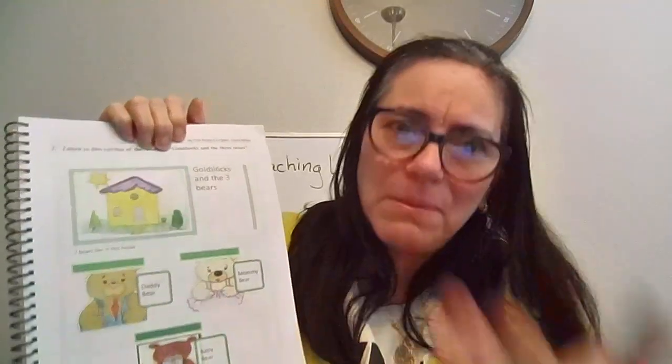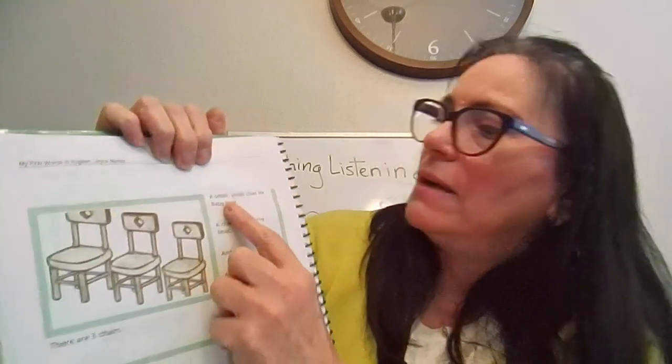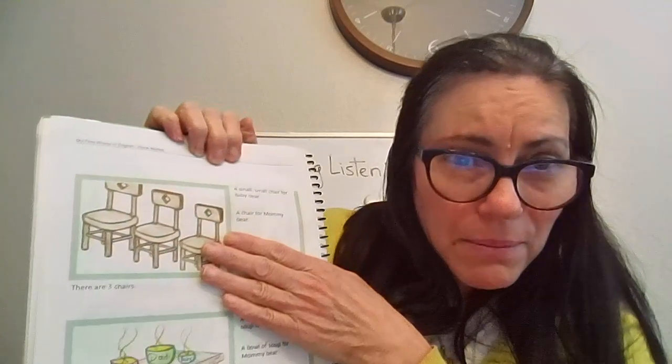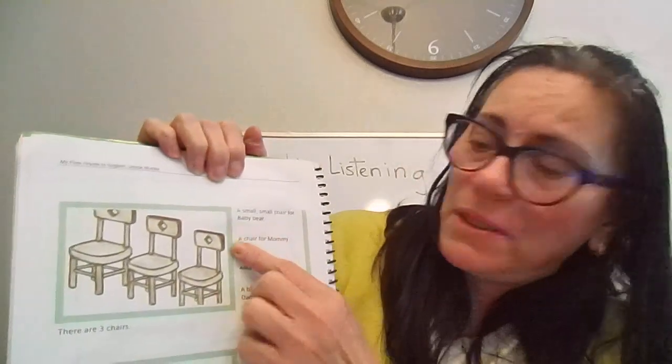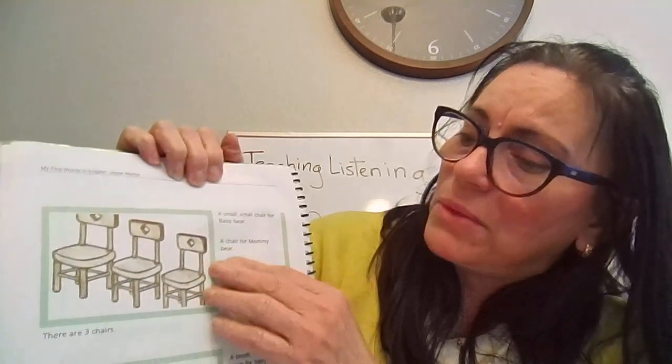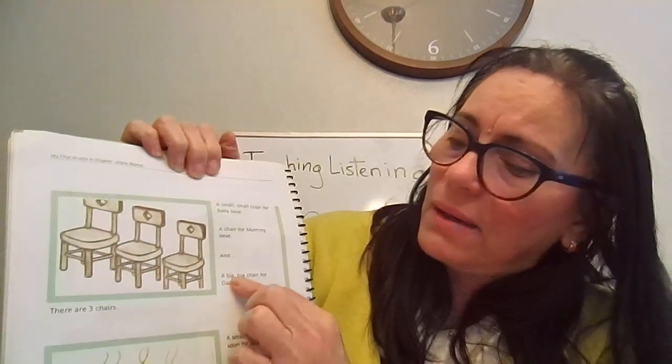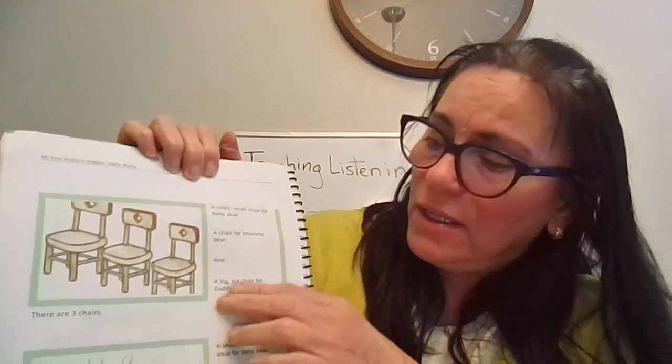This is Daddy Bear, Mommy Bear, and so you can wait for them to say Baby Bear. Maybe they will if they know the story, or just by doing repetition, like they can guess what's coming next. Like in the bed at the teddy bear's house, there is a small chair for Baby Bear, a chair for Mommy Bear, and a big chair for Daddy Bear. There you go.